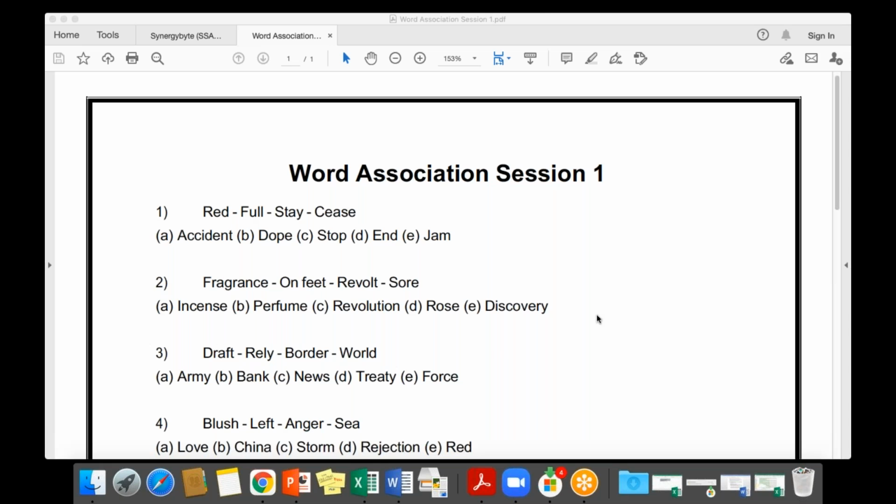The correct word is stop, as most of you were able to get. Red is a color, traffic light, which refers to stop. Full stop becomes a word. Stay is synonymous to stop, and cease again means to stop. So the word stop will go with all four words in the first column: red, full, stay, and cease. Everyone is getting stop.